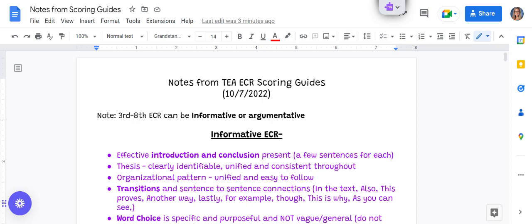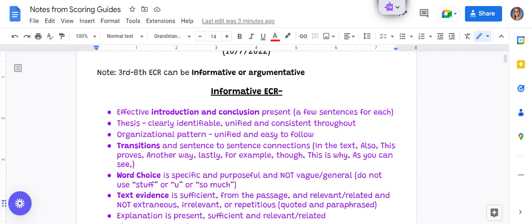So, what I noticed about the informational is they all had an effective introduction and conclusion. Some of them even had a few sentences for each. Keep in mind that that is sixth grade. So that might not necessarily mean fourth grade or third grade has to do that, but for sure, sixth grade.